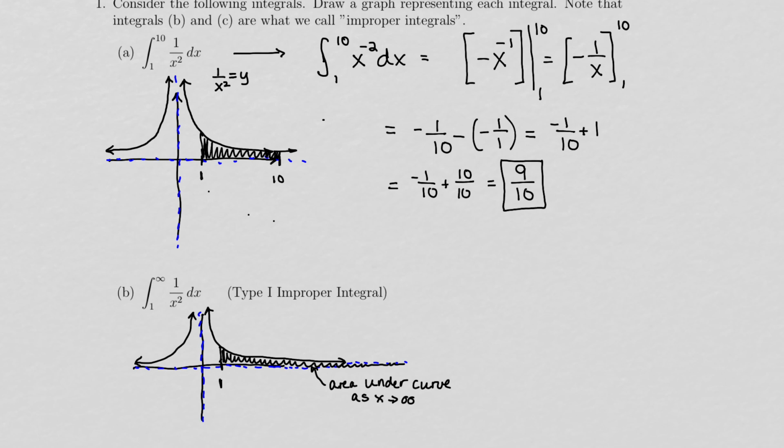What makes this integral different than the other integral is that I have an infinite limit. And when we have infinite limits, we have some funky things that happen. This always blows me away.